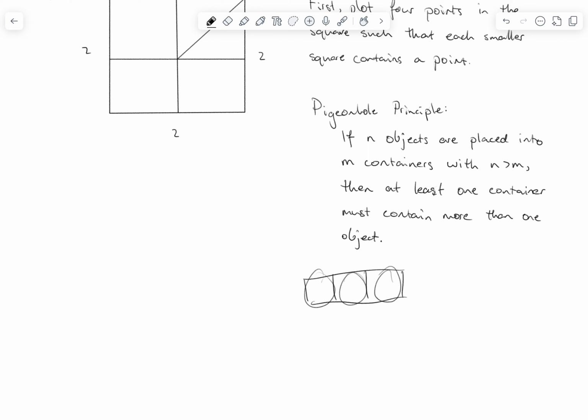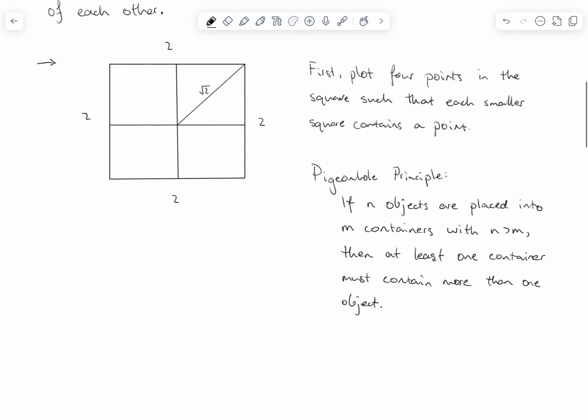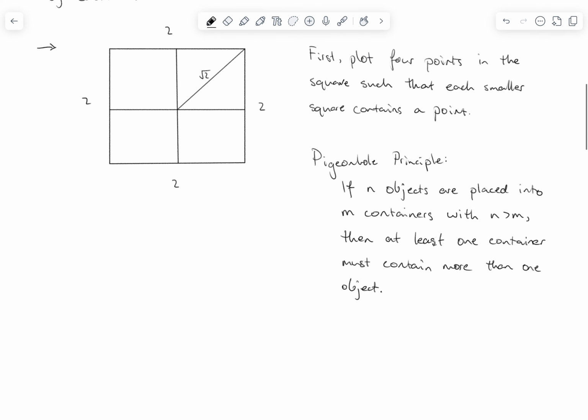The constraint of the number of these containers forces at least one of the containers to contain more than one, so at least 2 objects. And that principle generalizes this example. Okay, so that's the pigeonhole principle.